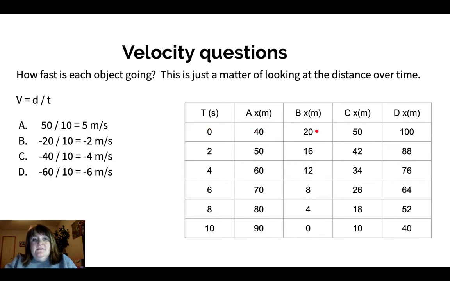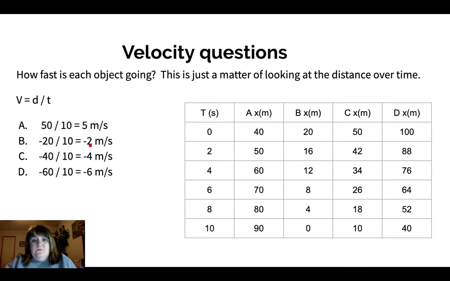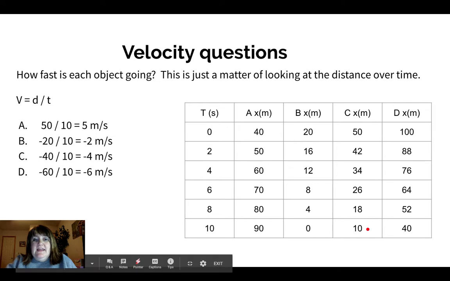Object B started at 20, went down to 0. So that is a negative 20 divided by 10, which is negative 2 meters per second. Object C went from 50 to 10.